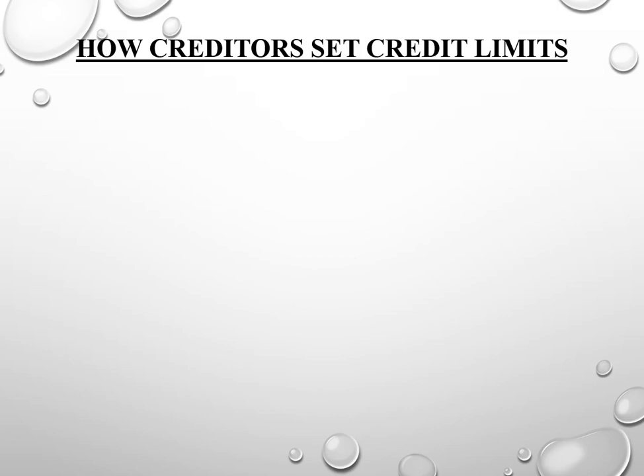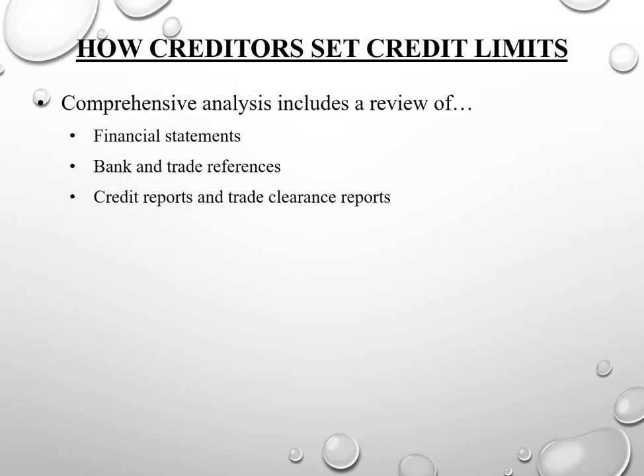How creditors set credit limits. Ideally, you're in a position in which credit limits in your company are established based on some form of comprehensive analysis of facts and factors that are important to the credit decision, including but not limited to a review of customer financial statements, along with a review of bank and trade references, as well as obtaining and reviewing updated credit reports as well as trade clearance reports.